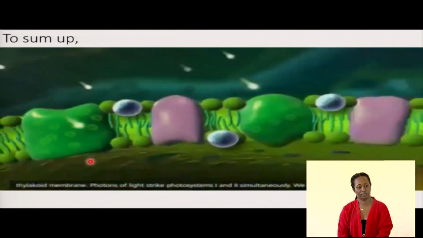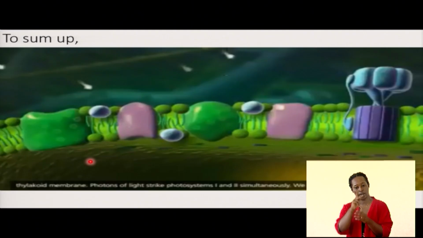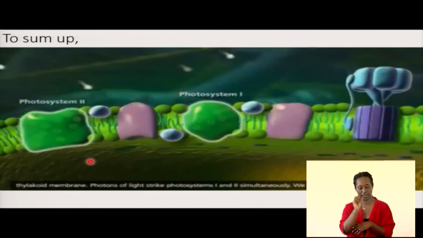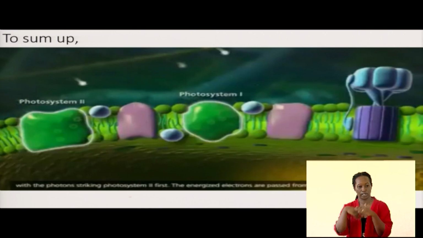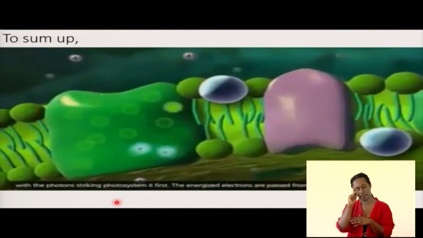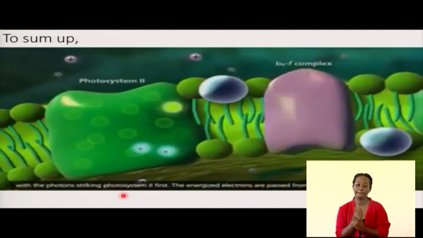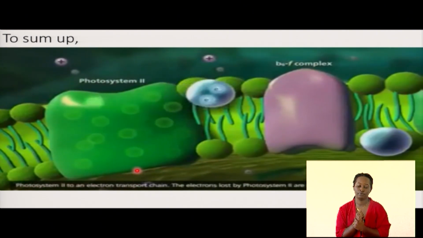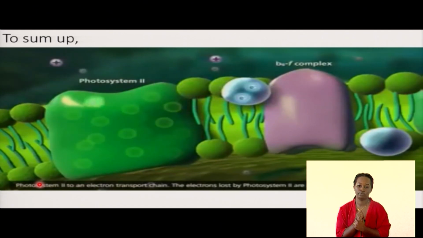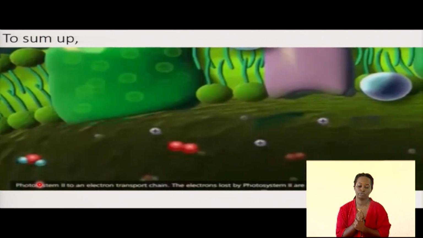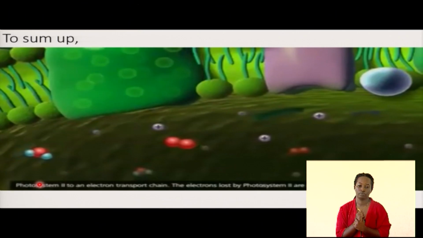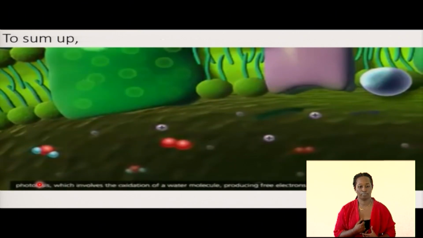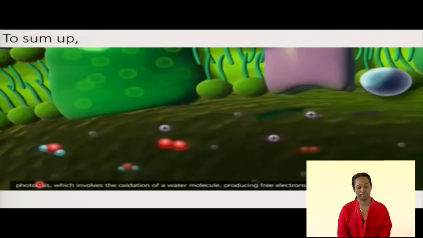The exciting of the pigments, transferring of the electrons across the electron transport system, and then you have photosystems, and then our pump we're looking at. The piling of the protons.